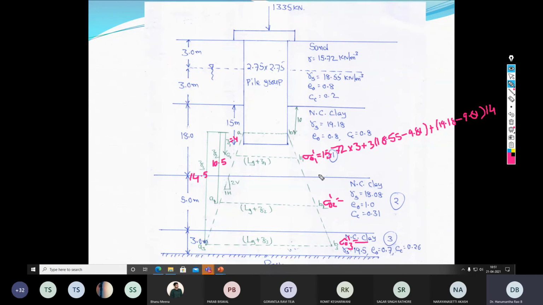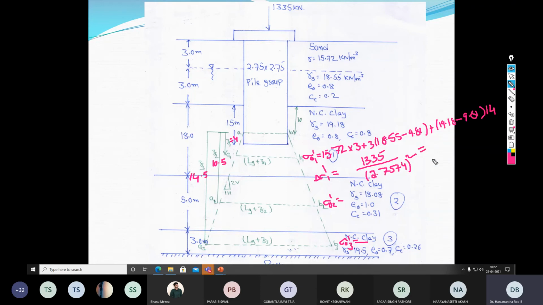Similarly, delta sigma dash 1 is nothing but 1335 divided by, since this is a square pile, I can take 2.75 plus Z1, Z1 is 4, whole square.